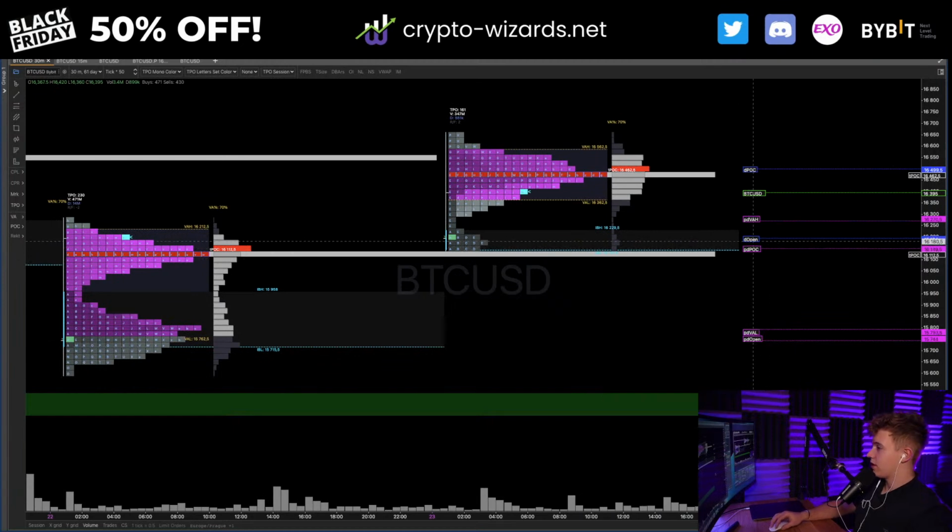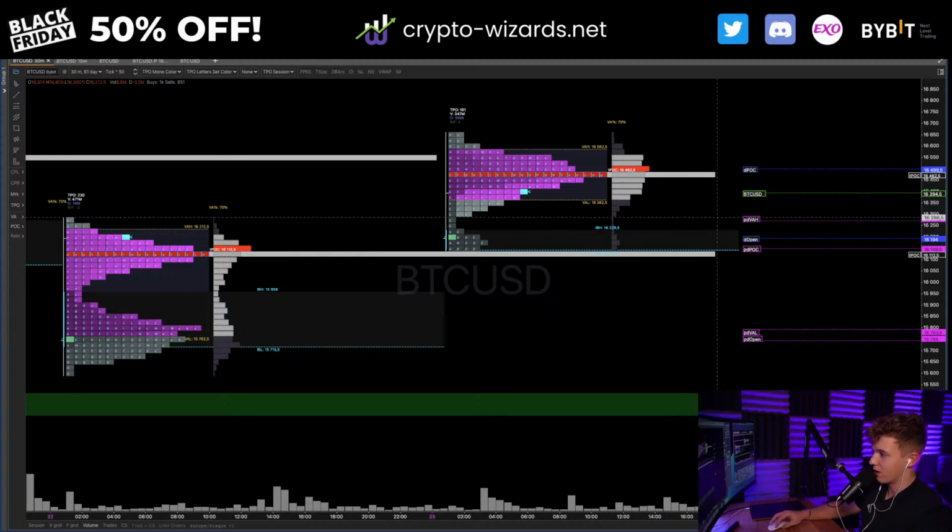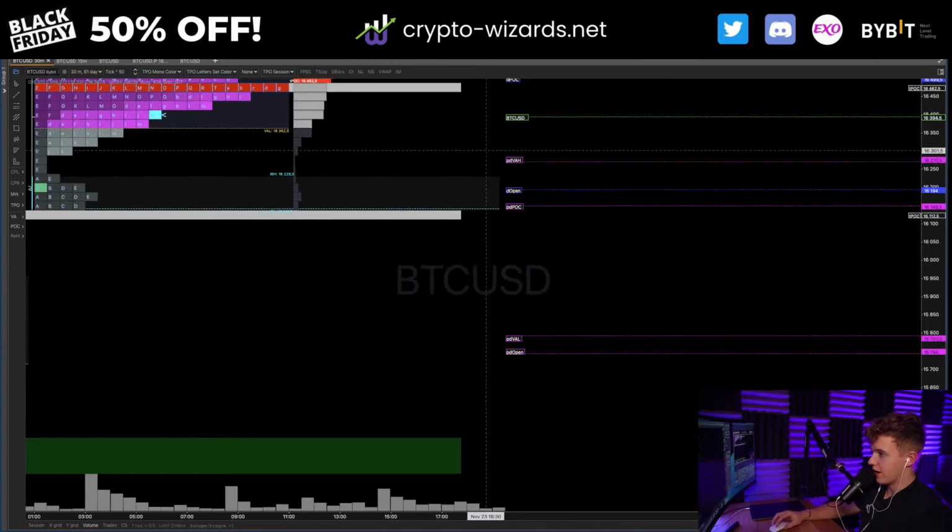Here is the PDPOC. Once we lose this level, we are going back down to 15,800, very, very likely. I'm not a financial advisor, but it's quite a safe short. Once you lose 16,100, it's quite a safe short back down to the previous day value area low.